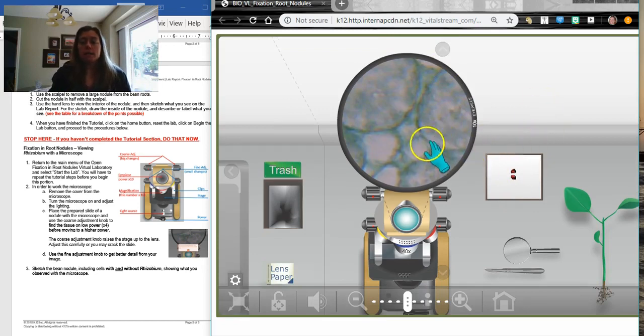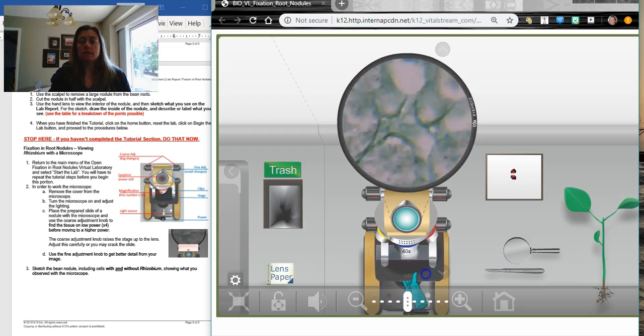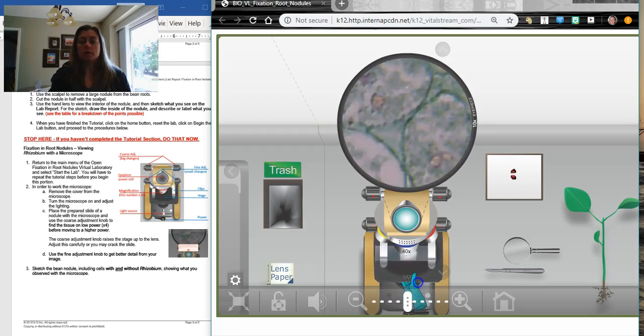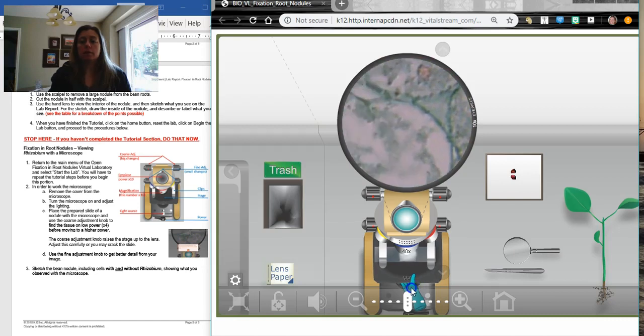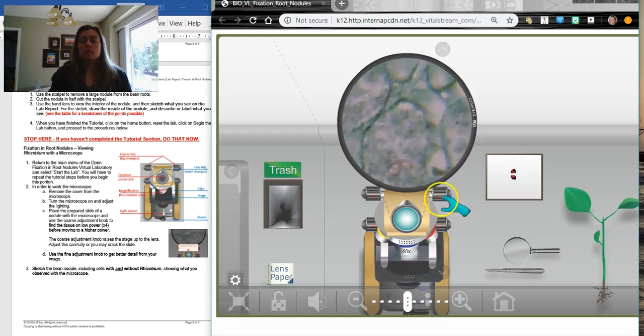Those that are pink, remember, pink means that they're actively fixing nitrogen. There's some there. That's a good one. Let's leave it here. All right, so there's no pink. Oh, there we go. There's some small ones. So these here are smaller cells, and there doesn't seem to be any pink in here.